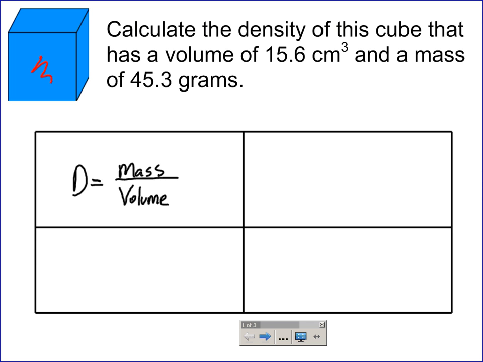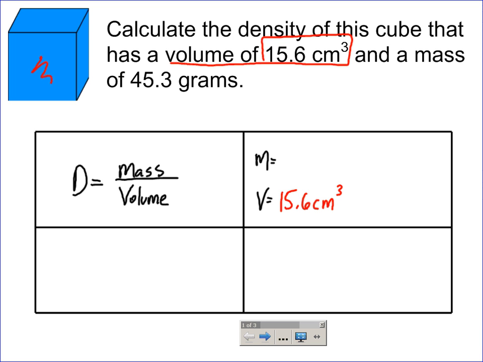Now, luckily, the way this question is set up, it's pretty easy to find the information. And so we need to know the mass, we need to know the volume from the question in order to solve the problem. And if we take a look up here, it shows you calculate the density of this cube that has a volume of 15.6 cubic centimeters, which makes this your volume right here, which I'll write down here in red. 15.6 cubic centimeters.